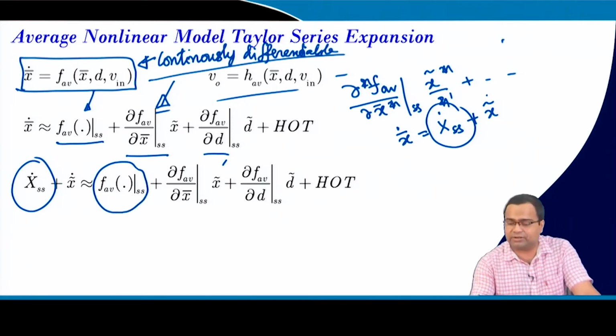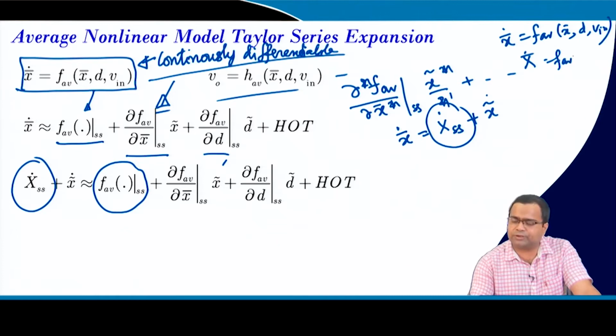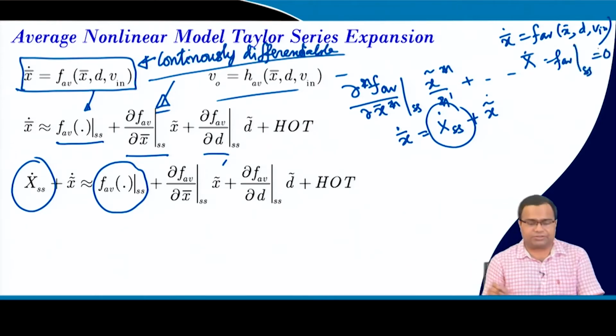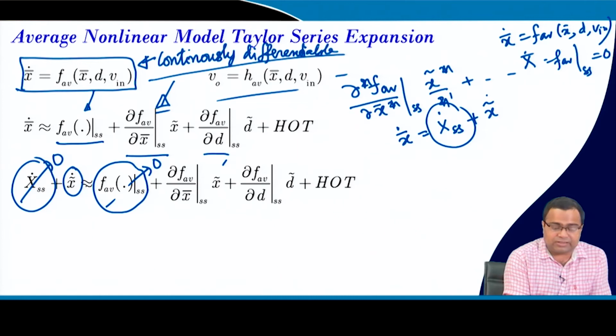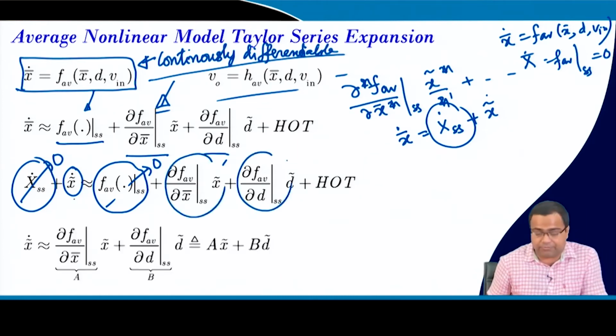That means we started with x dot equal to f average of x, d, right. Under steady state, if we replace all with steady state values, this whole thing should also be 0. So, this will be 0, this will be 0.